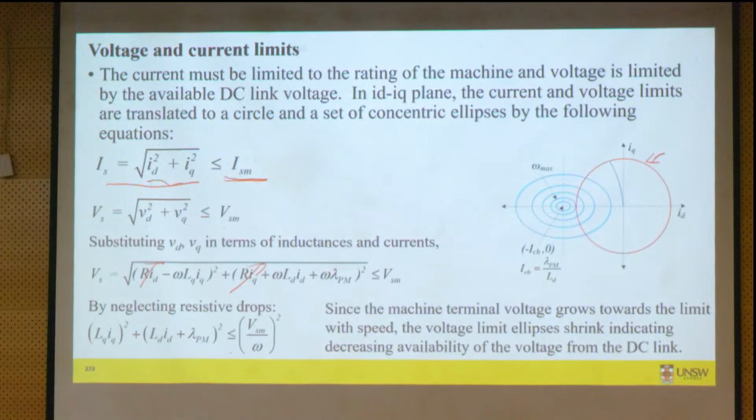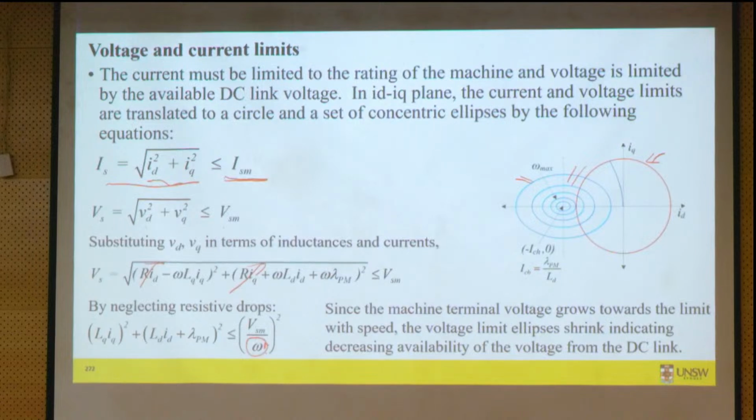So if I plot this voltage equation for various ID, IQ currents, and keeping a particular speed, I will get an ellipse like this. Okay, so this ellipse is called the voltage limit ellipse. Now, if you note in this ellipse equation, we have the speed term, right?